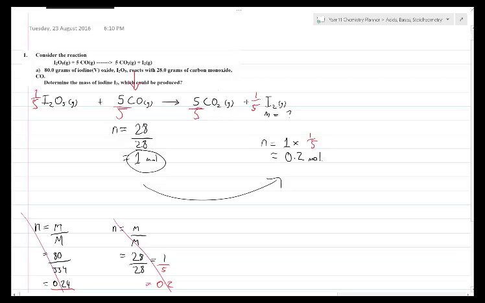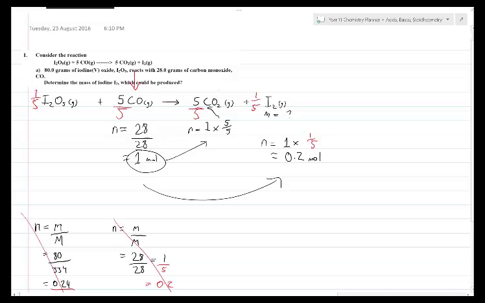So, remember, find the number of moles of whatever's driving your equation, divide right through by that coefficient, and then to find the number of moles of anything else, you multiply the original mole of your whatever's driving by the coefficients. Okay, so if we wanted to find the number of moles of carbon dioxide, for example, that would just be the number of moles from here multiplied by 5 over 5 this time, because this 5 over 5 is here.